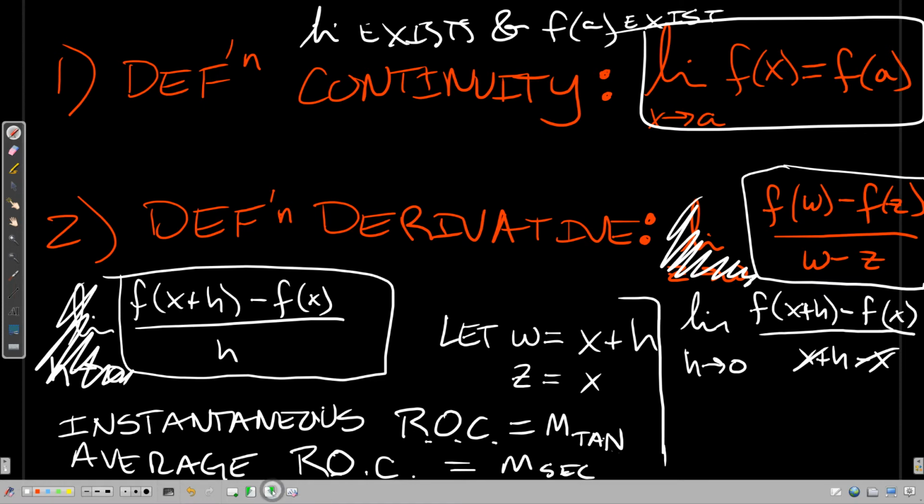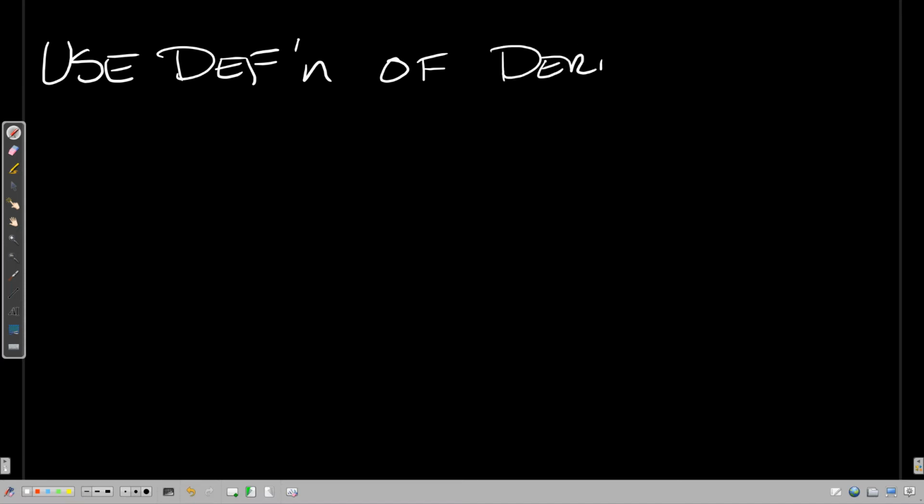And then you would probably have a problem to work out, such as a problem where you have to use the definition of derivative to find the derivative of some function. While you probably end up doing this in 1.6, you were doing it before 1.6 as well.